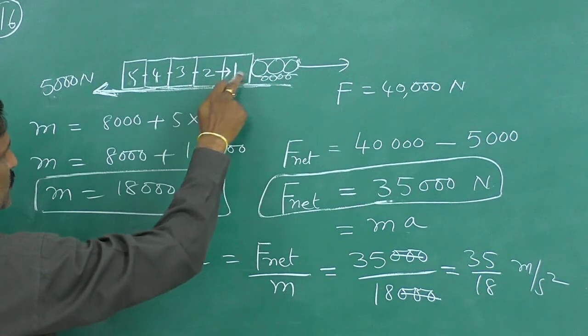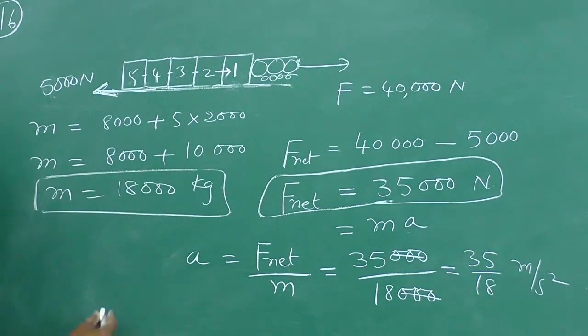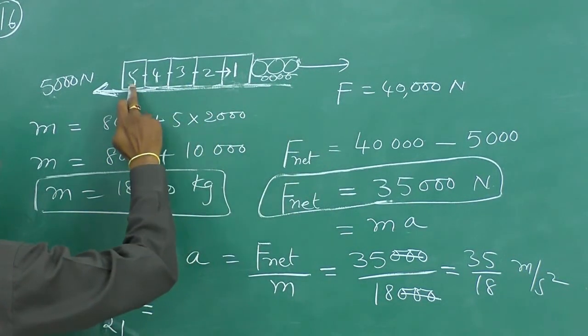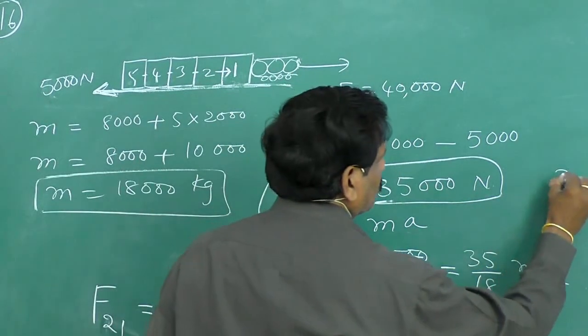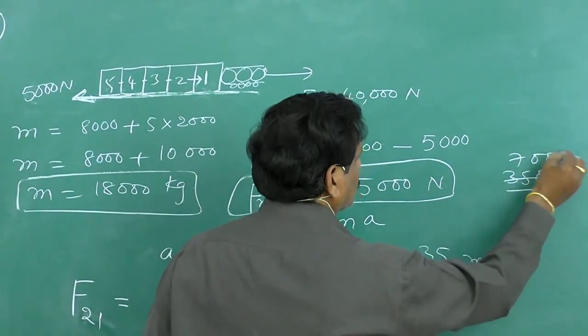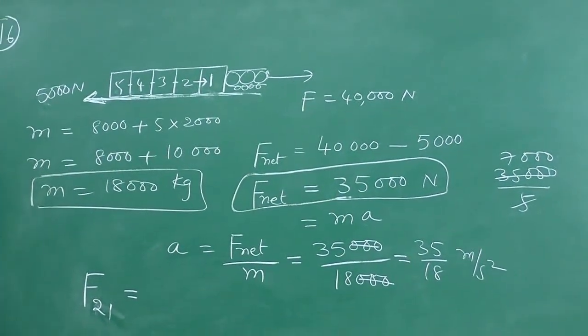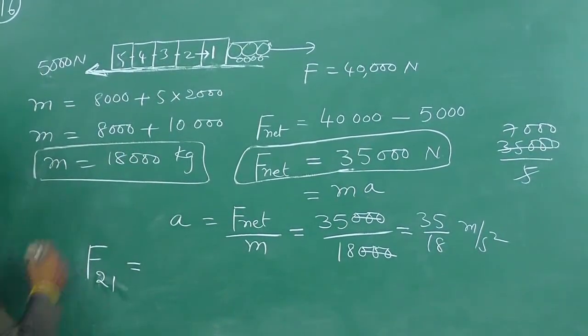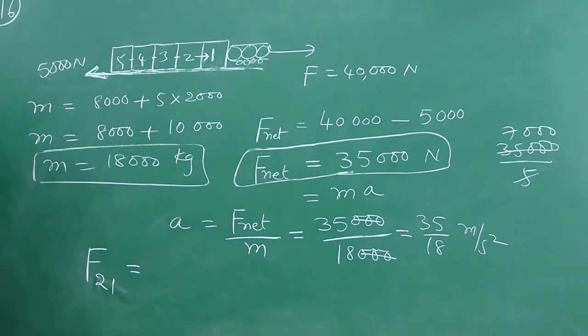Hence, the force exerted by wagon 1 on wagon 2 is F21, the force acting on wagon 2 by wagon 1. Since this 35,000 Newton is distributed among 5 wagons, it is 35,000 by 5, that is 7,000 Newton. So on wagon 5, the last wagon, a force of 7,000 Newton will be acting.